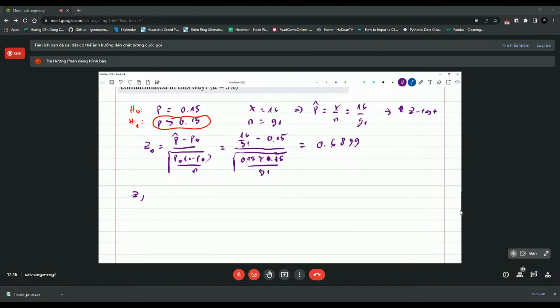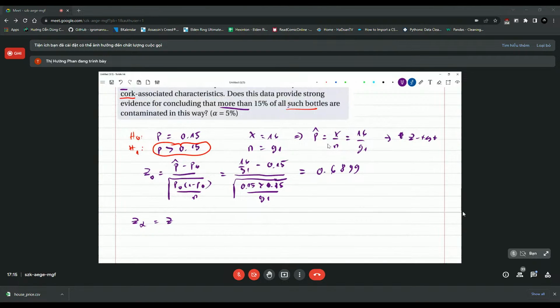So Z alpha equals Z of alpha is 0.05. So we have Z 0.05. Using the table of standard scores, what is the value of Z 0.05?